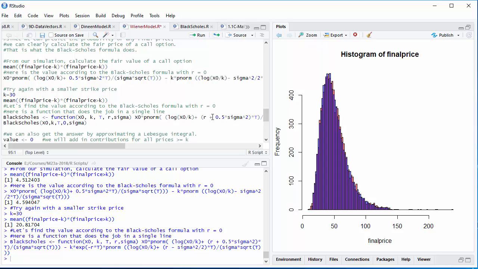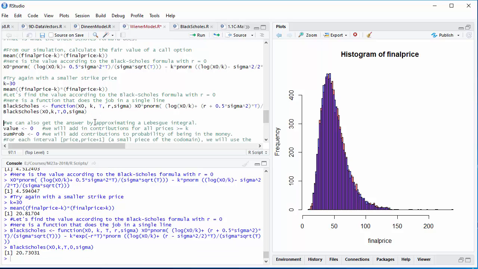Here, these variable names are ones that I've already been using, but since they're inside a function definition, they're in a different namespace. Don't let that worry you if you're not into the complications of namespaces. All I have to do is plug in the values we've been using, and I get back my $20.73.